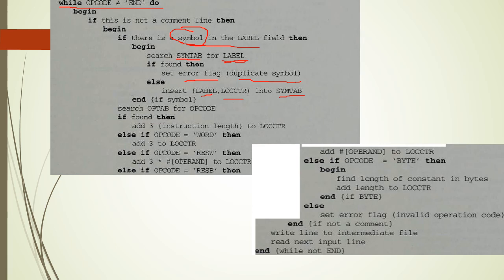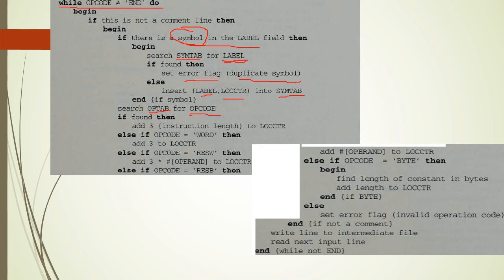The next field is opcode. You have to take that opcode and check whether the opcode present in the instruction of the program is present in the op table. As I already mentioned, the location counter, op table, and symbol table are the three data structures of an assembler.